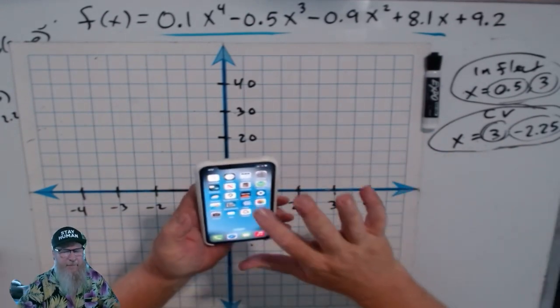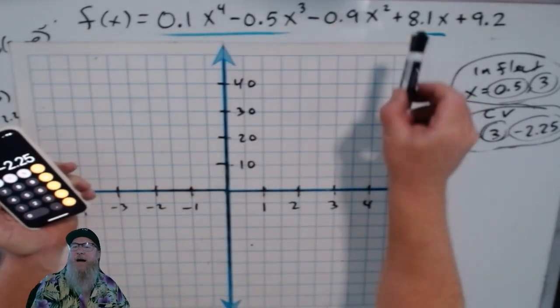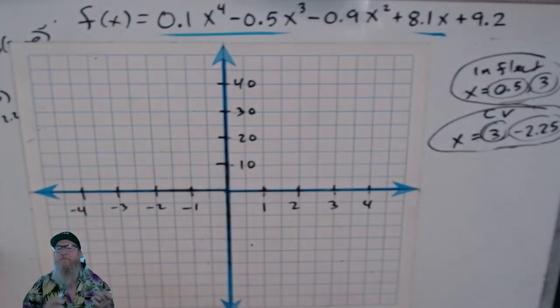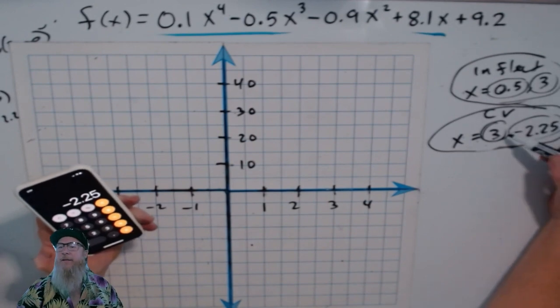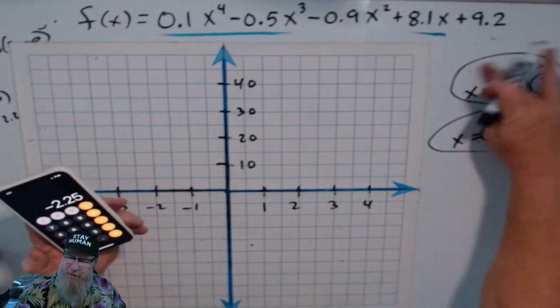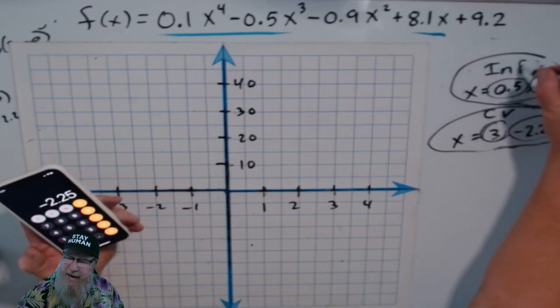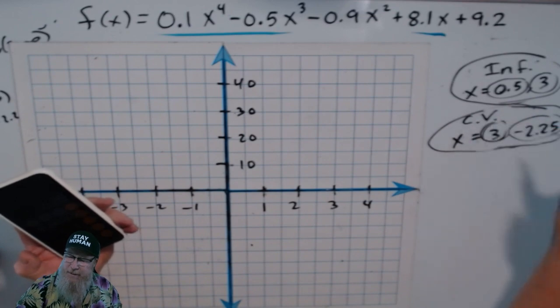Okay, got my calculator. So we're going to need to do a little bit of math here to find the y values, because we're going to have to plot them here. Let's start with 3. 3 was the number that I called a double dipper because it falls in both categories. It's both an inflection point and also a critical value.